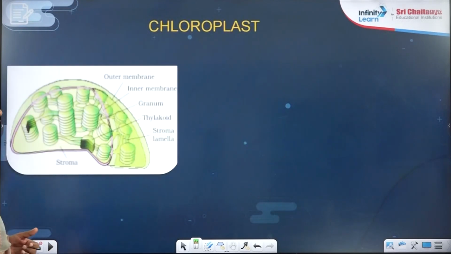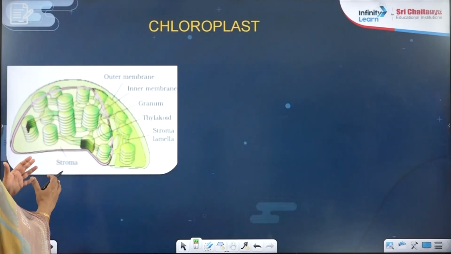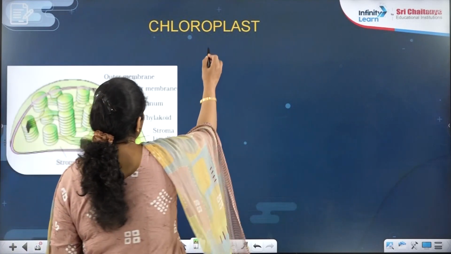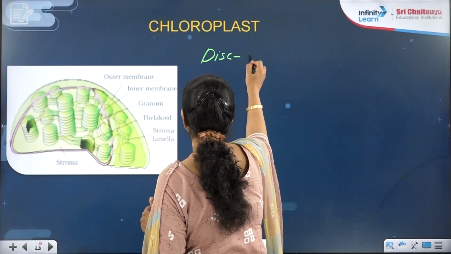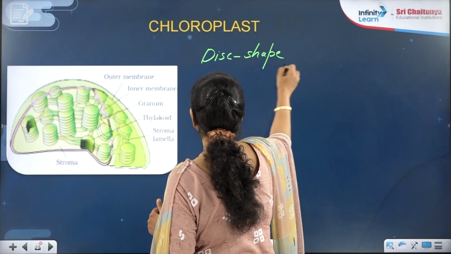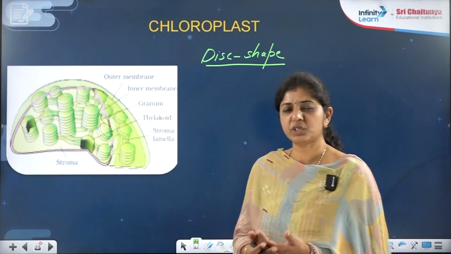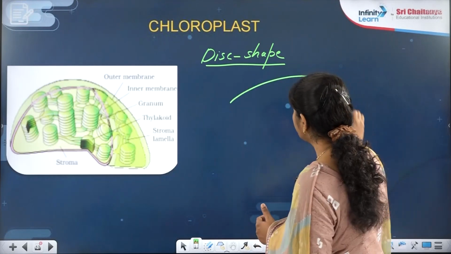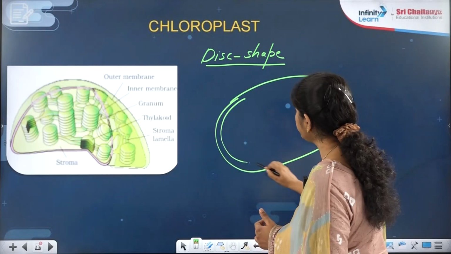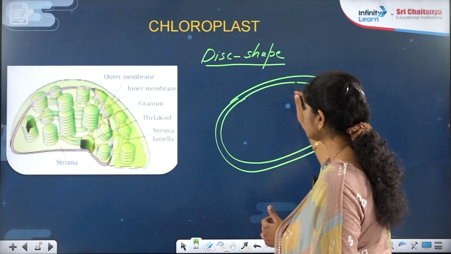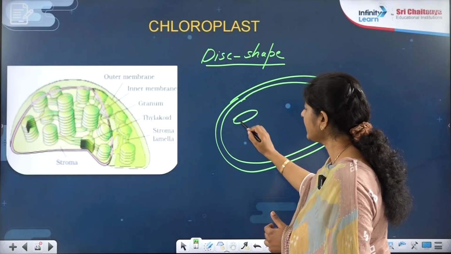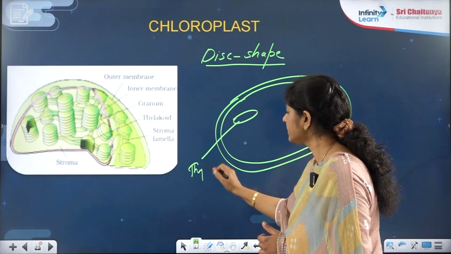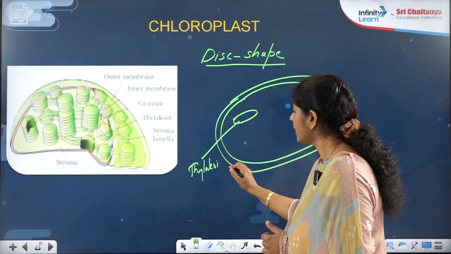Now next is the chloroplast. Again it is double membrane. It is usually disc shaped in higher plants. Otherwise their shape even changes from species to species, and various other shapes are there. But as a structure, both the layers are continuous here. There is no infolding, but sac-like structures are there, which you call thylakoids.